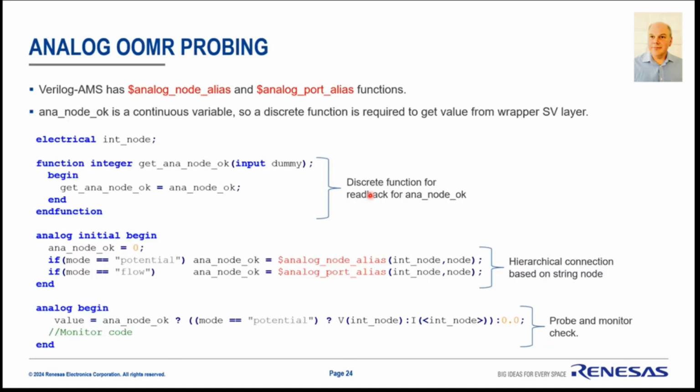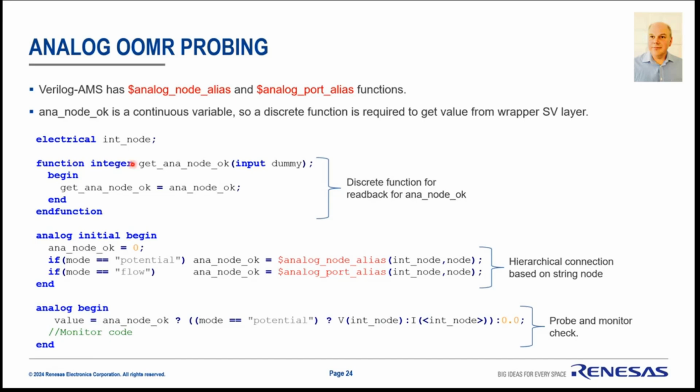So we'll just go over some of the boilerplate code that would be in the Verilog AMS block. As I said, we use the $analog_node_alias and $analog_port_alias functions. Because these functions return a value to a variable called anode OK, and that is owned by the analog solver, we have to use a function to access it.